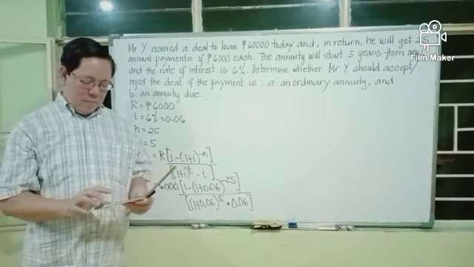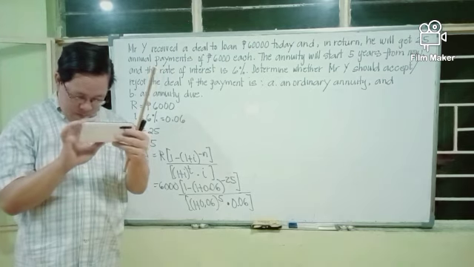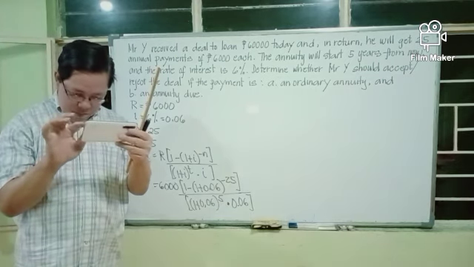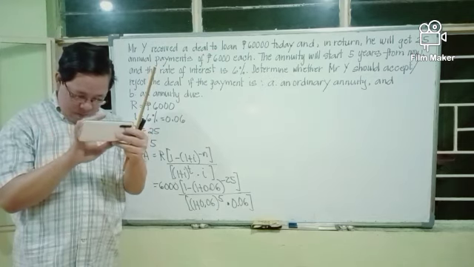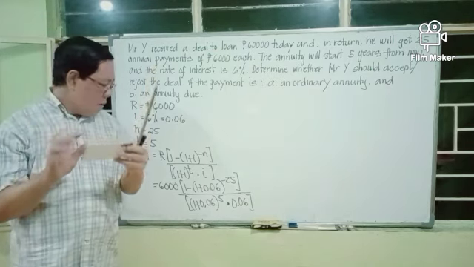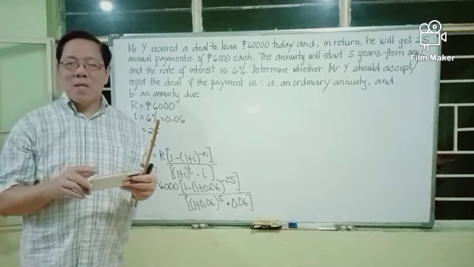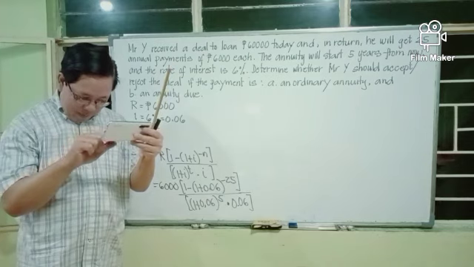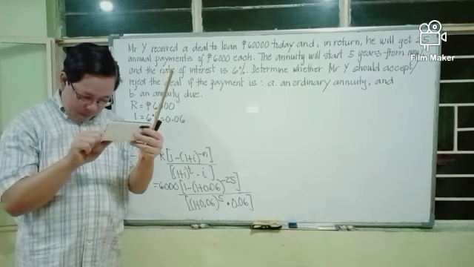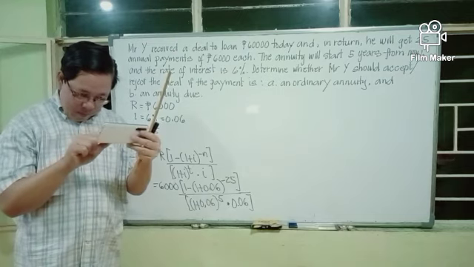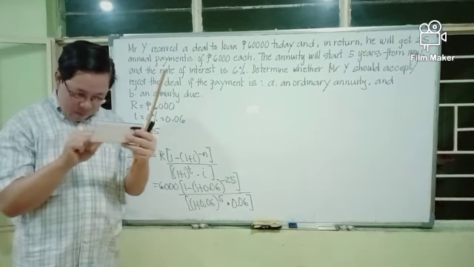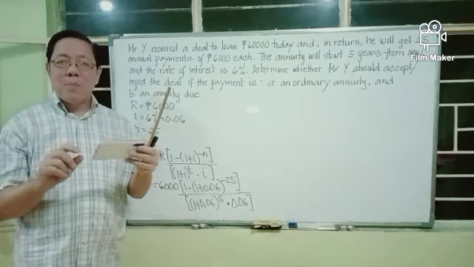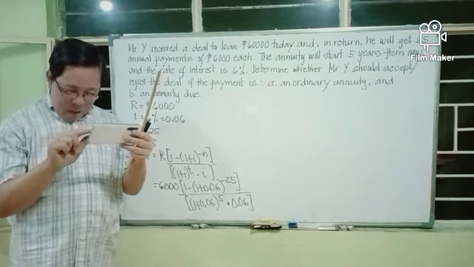We have 1 minus 1.06 to the power negative 25. Press equals and multiply the answer in your calculator by 6,000 pesos.